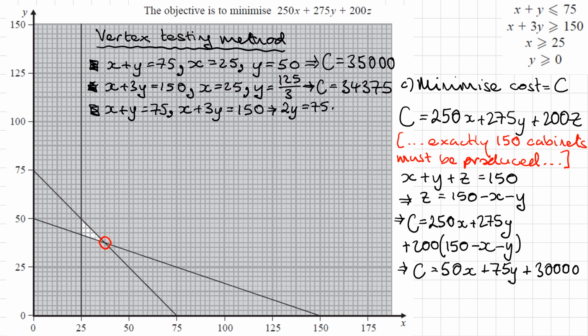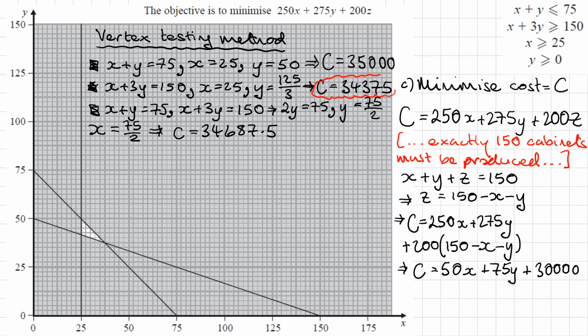So that gives y is equal to 75 over 2. We'll substitute that in to work out what x is, and that's also going to be 75 over 2. So we'll substitute those values in and work out what our cost is, and that comes up as 34,687.5. So I can see that the one that gives us the lowest cost is the second vertex.